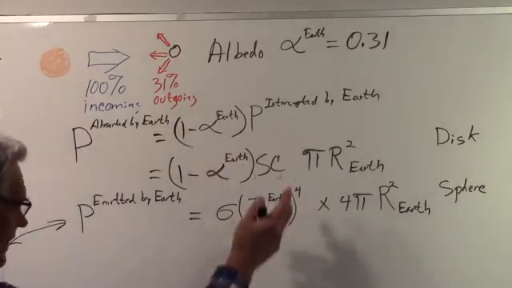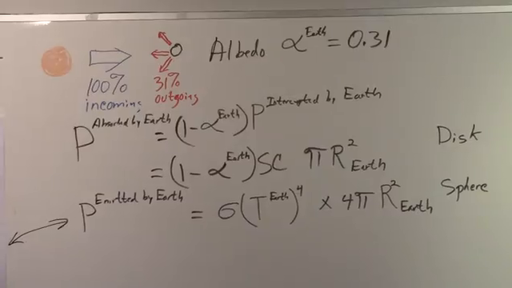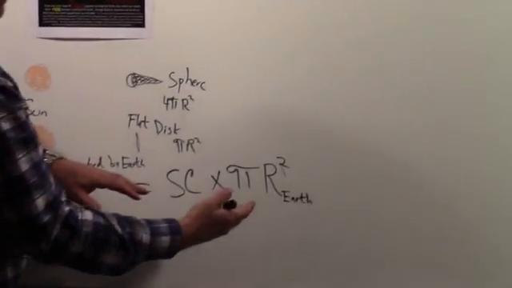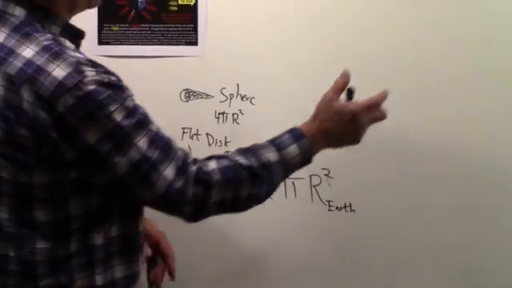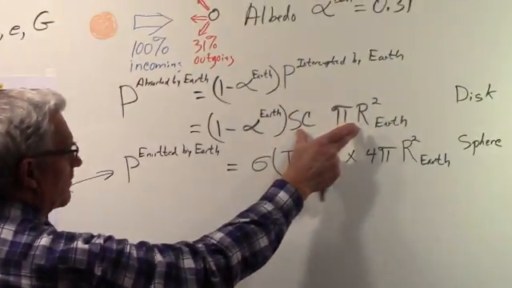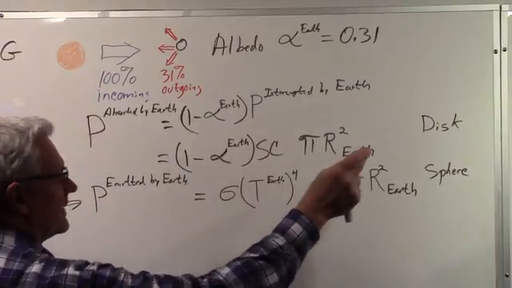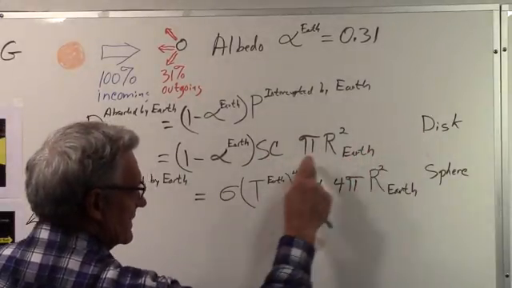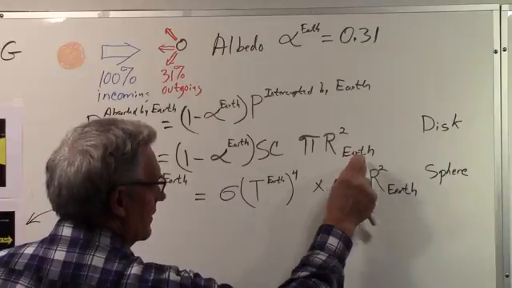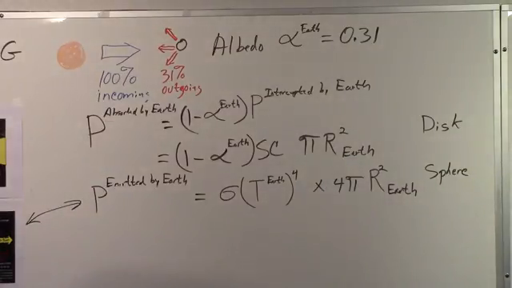The power intercepted by the earth, we had over here, so we're just going to take this and put it in here. And again, we're using the disk, so it's pi r squared, the radius of the earth squared.